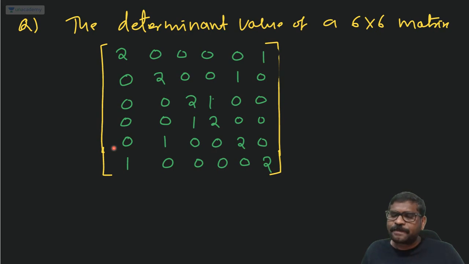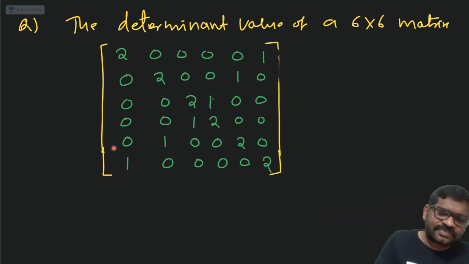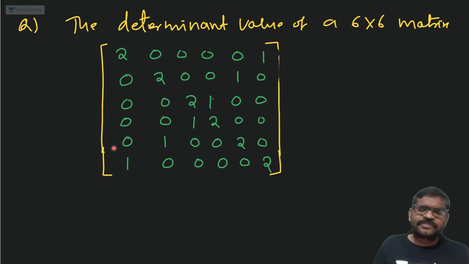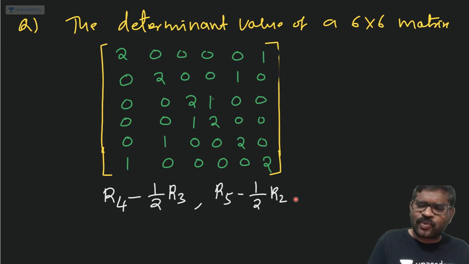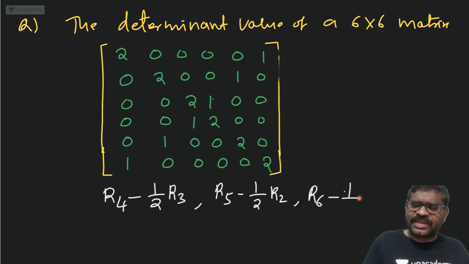That's why I am going to apply the operations: R4 minus 1 by 2 of R3, R5 minus 1 by 2 of R2, R6 minus 1 by 2 of R1.